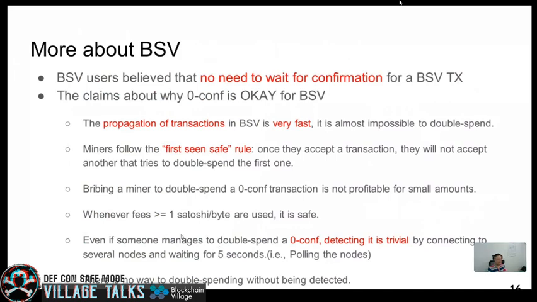And what I consider the core concept is that even if someone managed to stop a transaction from getting confirmed, it can still be detected by the receiver, or the seller in our trading example. It's trivial: by connecting to several nodes, waiting for 5 seconds and polling the nodes to let them tell what transactions they have.